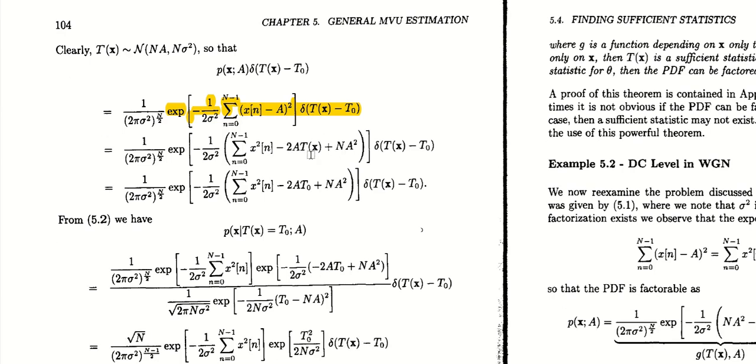Okay, so let's go one step further. We get this t equal to t0, because if it's not equal to T0, then this PDF is in fact equal to zero probability density, except T of X equal to T0.